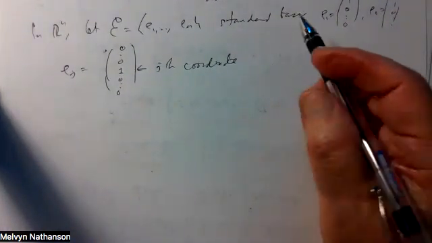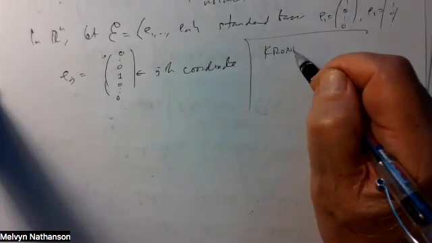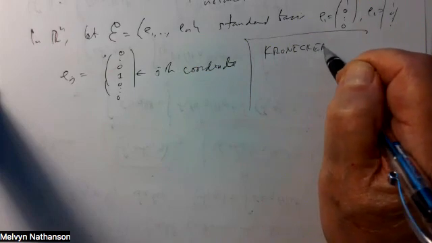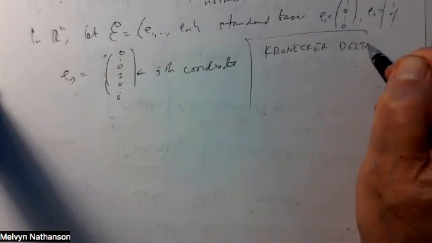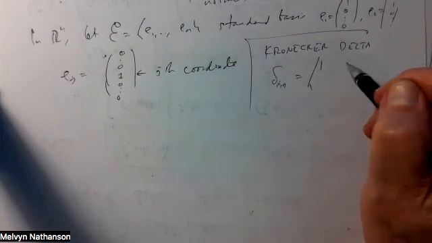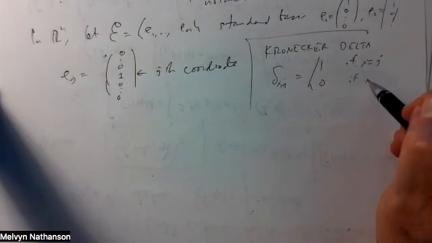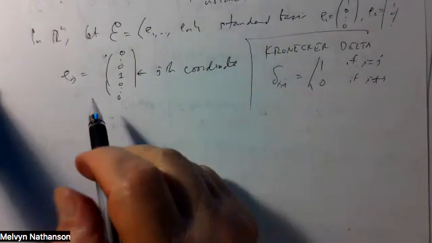A very useful function in mathematics is something called the Kronecker delta. It's defined by delta_ij equal to 1 if i equals j and 0 if i is different from j.